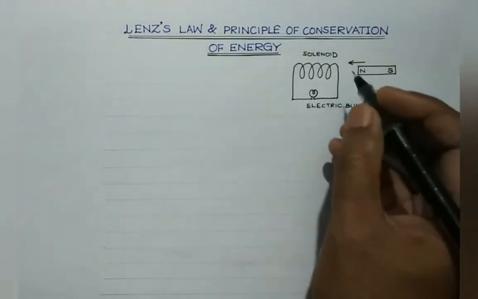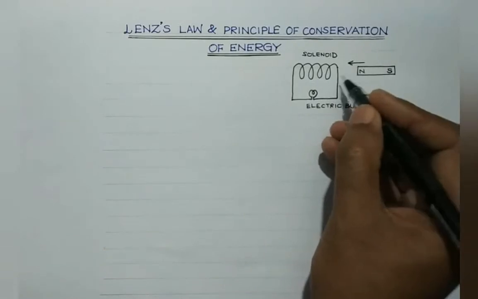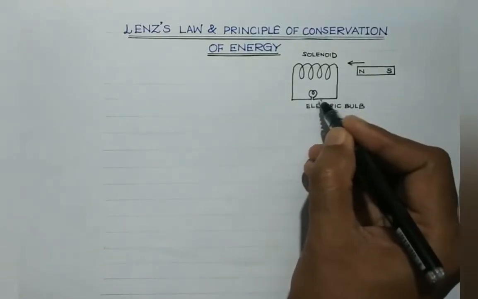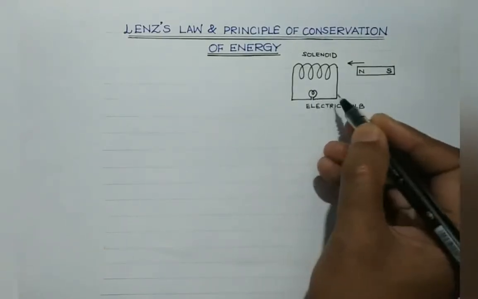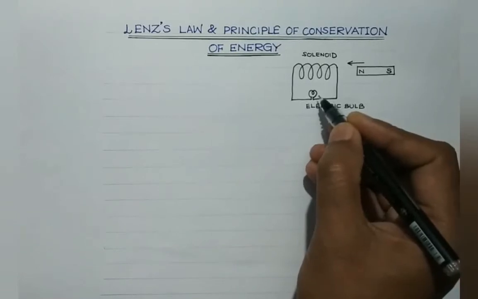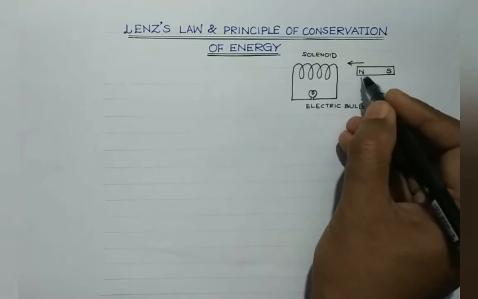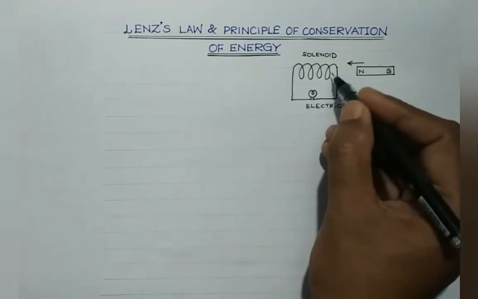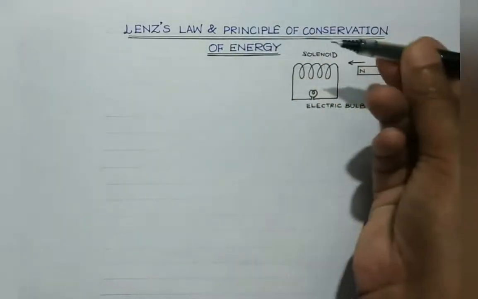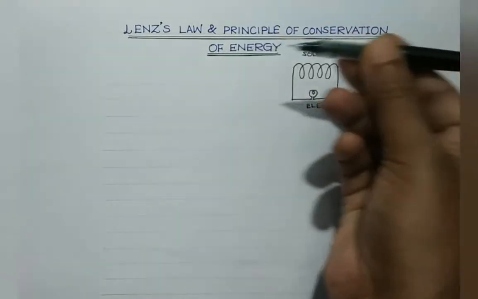So let me repeat it again. We have considered a solenoid which is connected with an electric lamp or a very sensitive galvanometer. Now we have considered a bar magnet with its north pole facing the solenoid, and it is moved towards the solenoid like this.